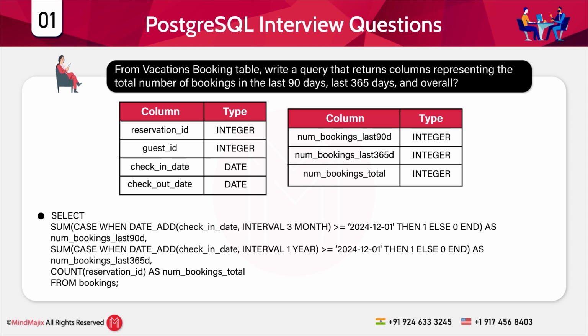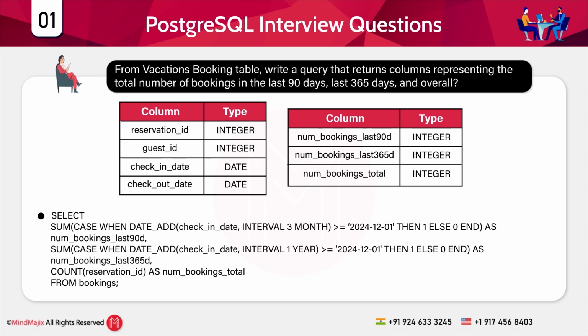As you can see on the screen, the default date format for Postgres is year, month, and day. So this is the first case, last 90 days. The second case is last 365 days. And thirdly, we will have a count of the overall or total number of bookings available in this table.